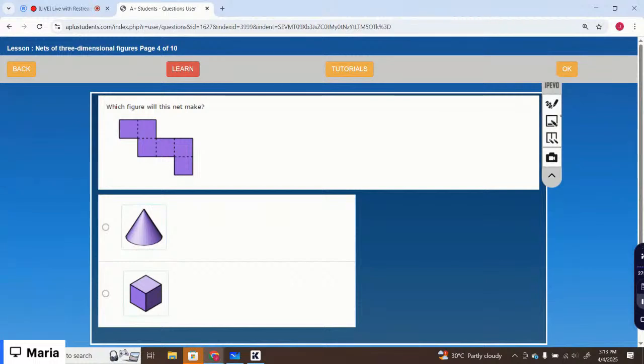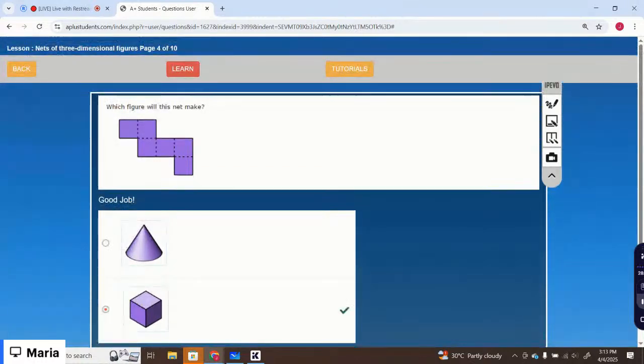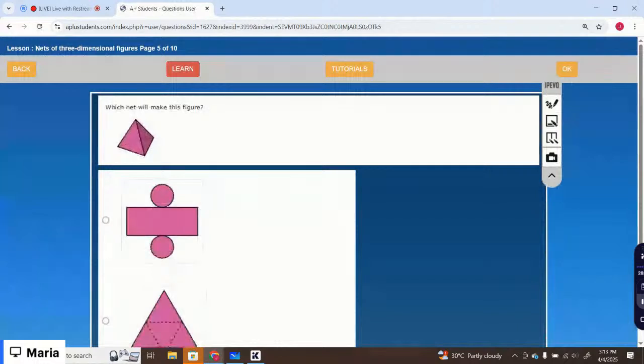Which figure will this net make? Which is the correct option? Option number two is the correct option. If you fold this image, it will make the second one. Which net will make this figure?